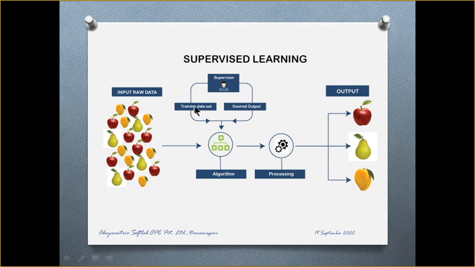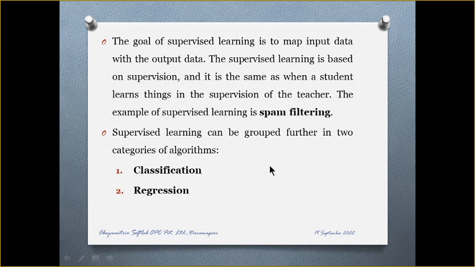We give the training data set to the machine, so it will build its algorithm, understand, and give the results, and we process it and predict the results. So under supervision it is going to understand the data set and build the algorithm.